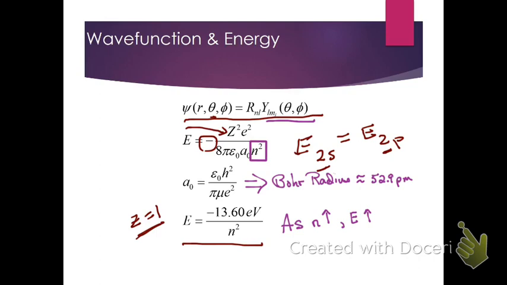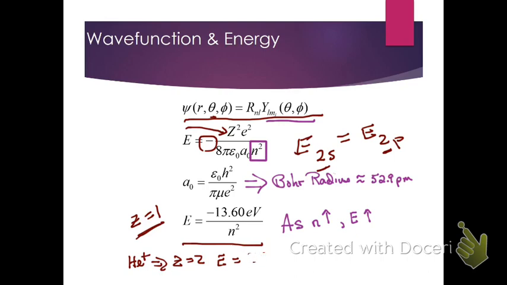So for helium plus, when we do this calculation, we're going to note that Z is equal to 2. And so that means that the energy equation is going to become 2 squared. Let me erase that and try that again.